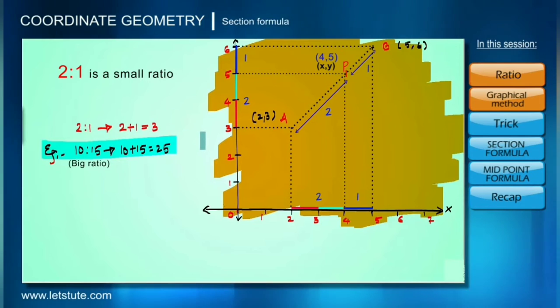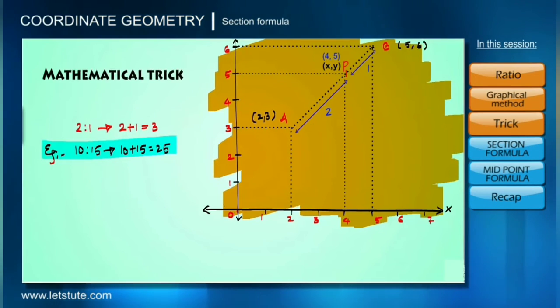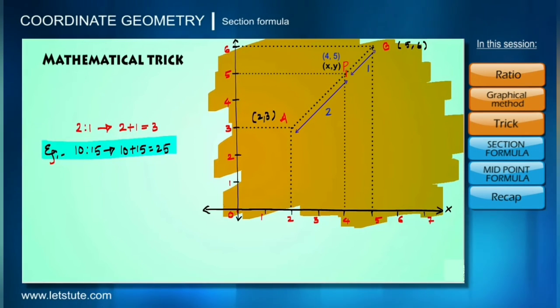So we require some mathematical trick which will help us to find the coordinates of P in case of big ratios as well. So let's start with the x-axis and let's try to find the trick for getting the value of x as 4 using the given values.